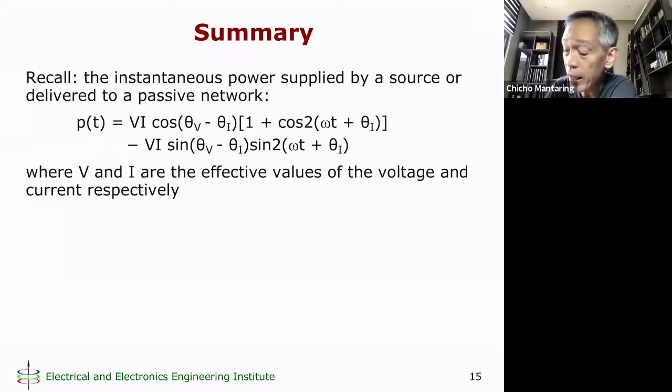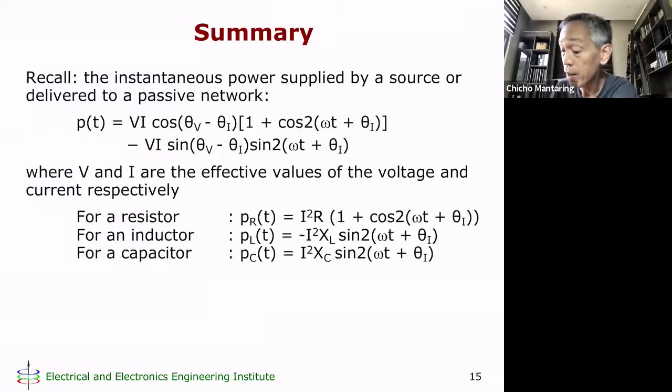And V and I are already expressed in RMS values. We saw that for a resistor, this is going to be my expression for my power. For an inductance, this is going to be my expression for my power. And for my capacitance, this is going to be my expression for my power.